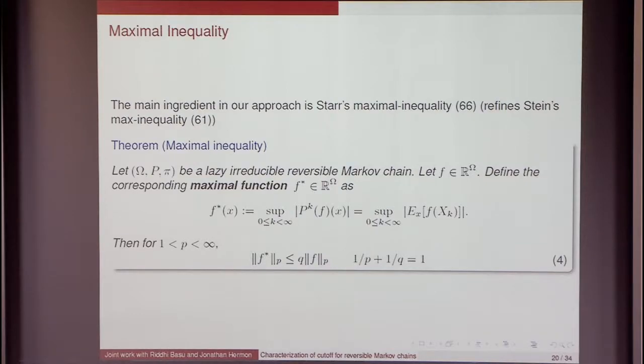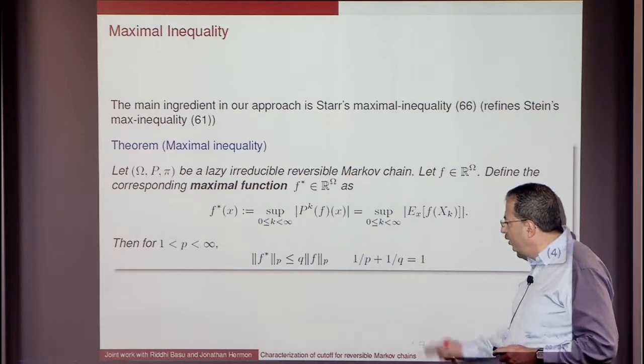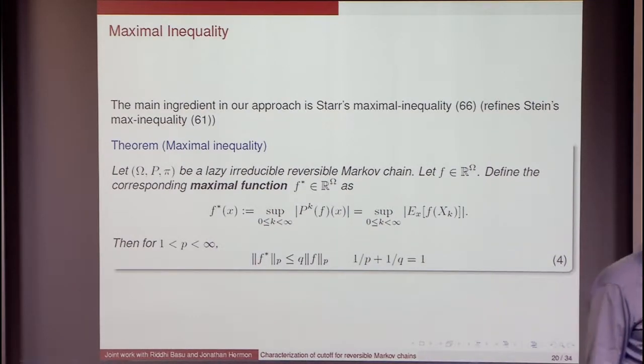This was first proved by Stein in 1961 with a worse constant, and then Norton Starr proved this in 66 with the right constant and a martingale argument. Now his theorem is much more general. So in our paper we added a short proof which is basically extracted from his paper of just the inequality that's needed. It fits in less than a page, but I won't do it here.